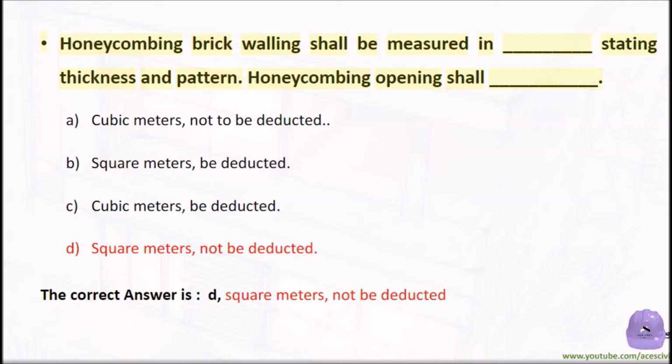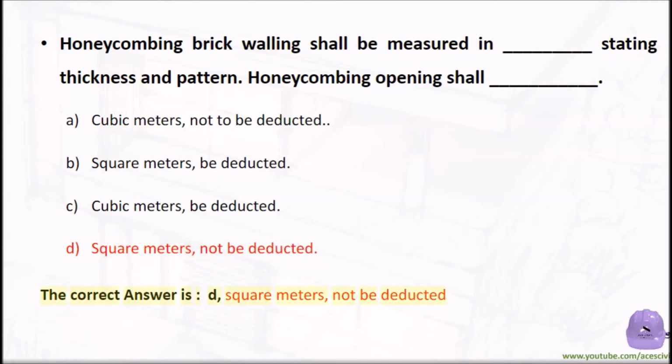Honeycombing brick walling shall be measured in stating thickness and pattern. Honeycombing opening shall be: A. Cubic meters, not to be deducted, B. Square meters, be deducted, C. Cubic meters, be deducted, D. Square meters, not be deducted.